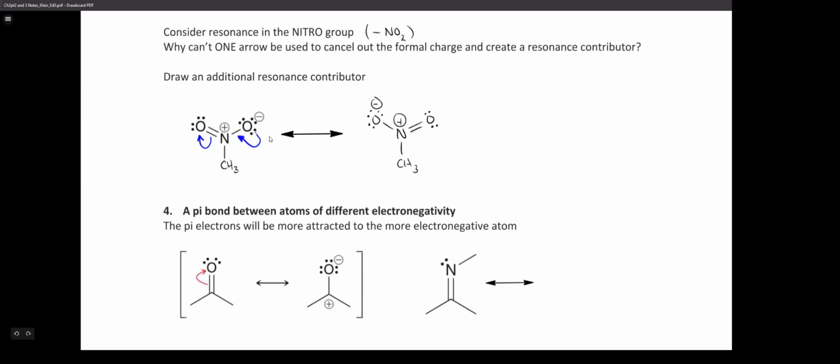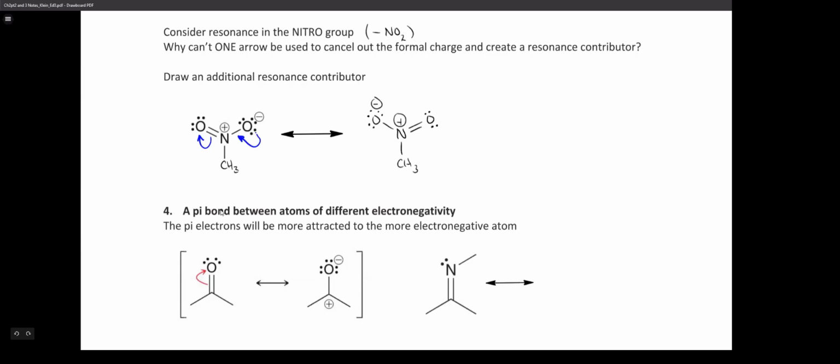You can only move towards an atom with an octet if it can do what? Let go of an electron. Let go of, yeah, a pi bond usually. Okay. Sometimes you'll see electron pairs there, but usually it's a pi bond. So usually if you go from a lone pair to make a new pi bond, this has to let go of electrons to move to the next atom.